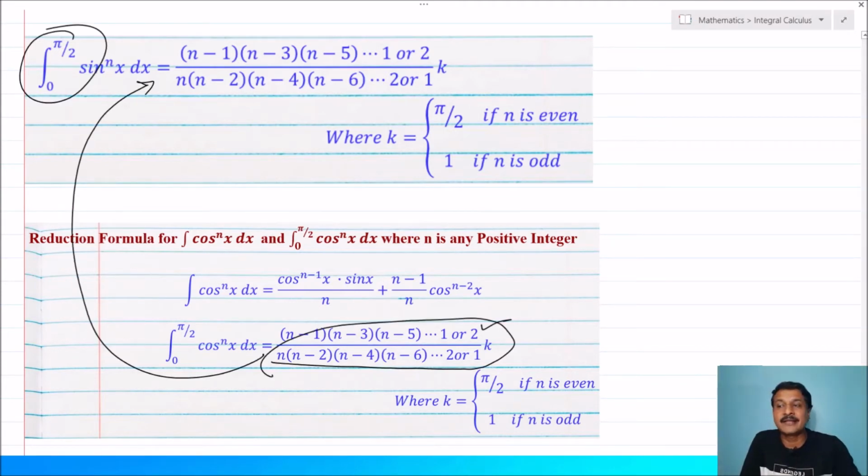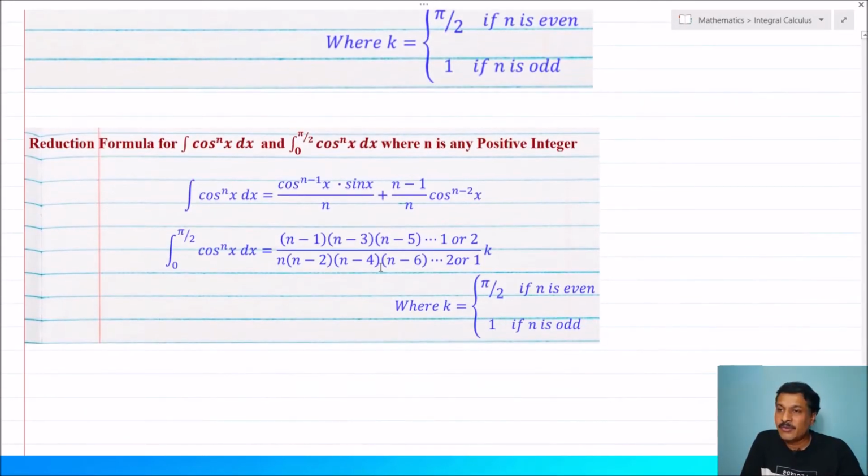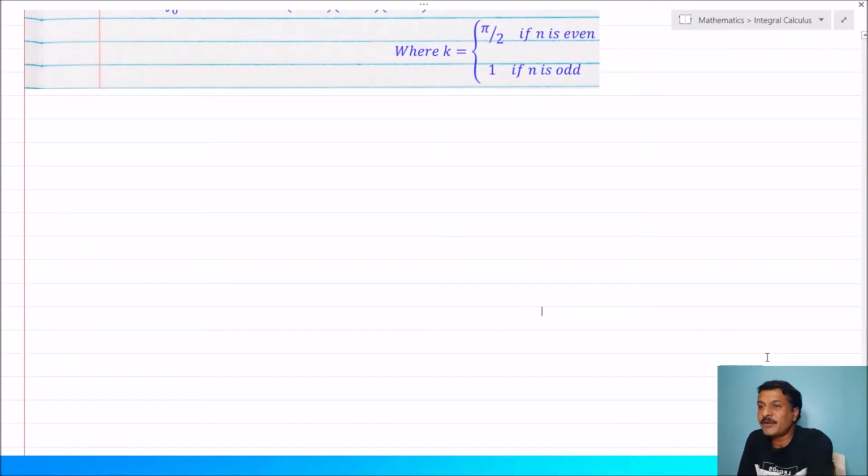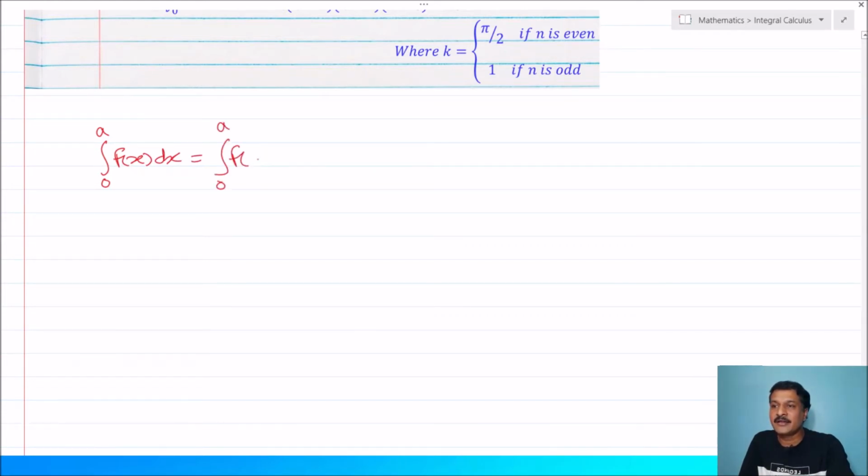But when integration from 0 to pi by 2, one can prove by the property of definite integral. What is that property? Integration 0 to a f of x dx equal to integration 0 to a f of a minus x dx.